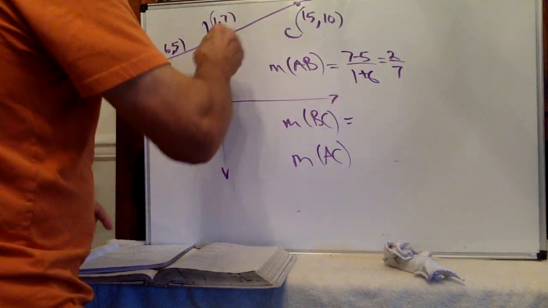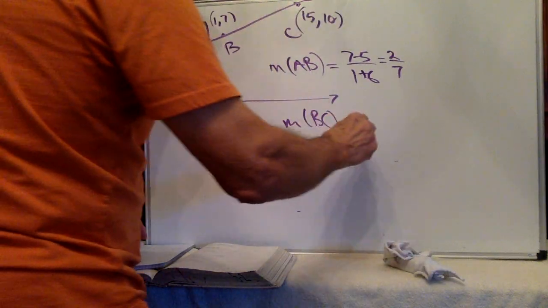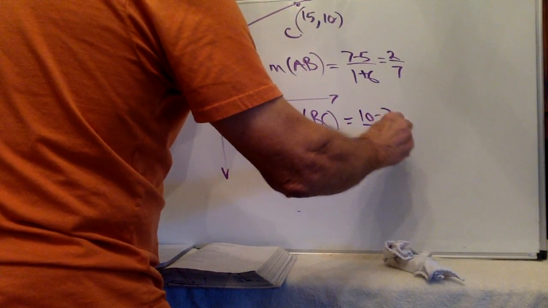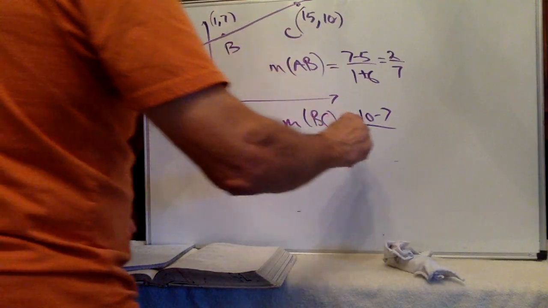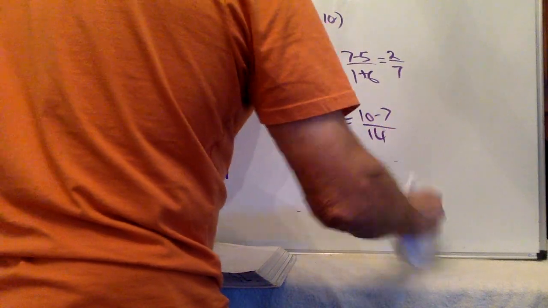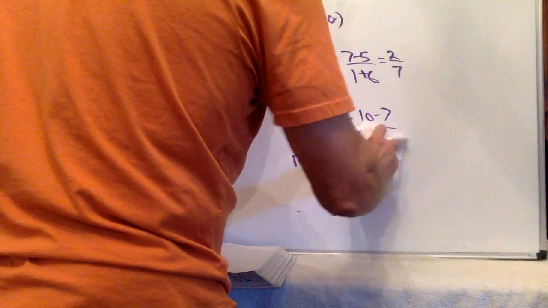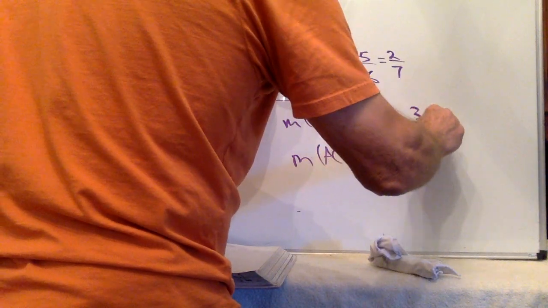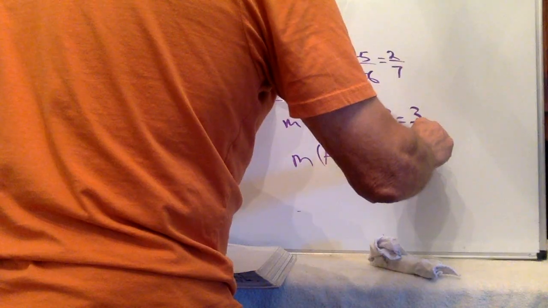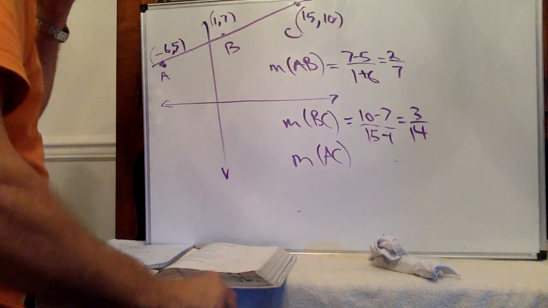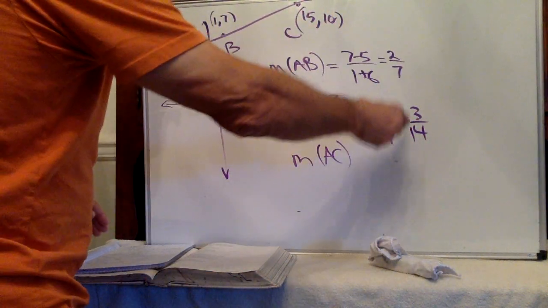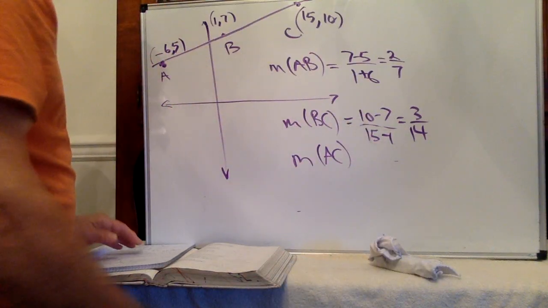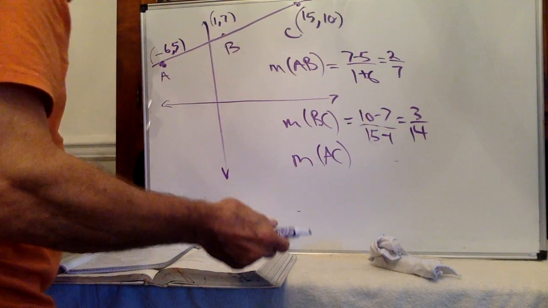From B to C, 10 minus 7 over 15 minus 1. 10 minus 7 is 3. 15 minus 1 is 14. 3/14. They're not equal, which means these points are not collinear.